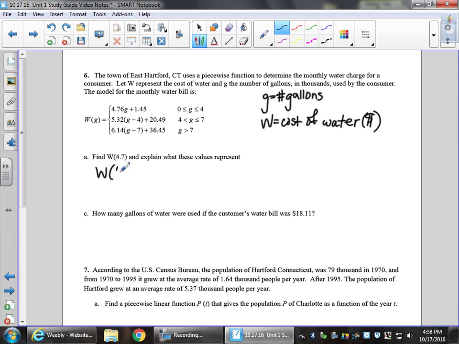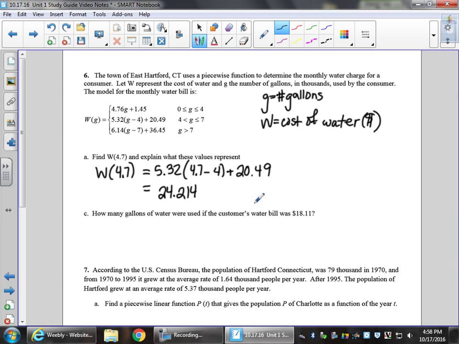So W of 4.7 equals, and we're going to plug it into this, 5.32 times 4.7 minus 4 plus 20.29. Nobody has time to do that out by hand. Let's use our calculator. So 5.32, parentheses, 4.7 minus 4, close parentheses, plus 20.49 equals, I get 24.214.